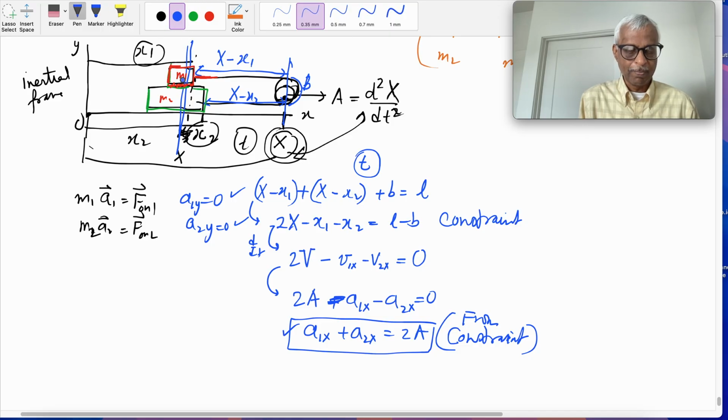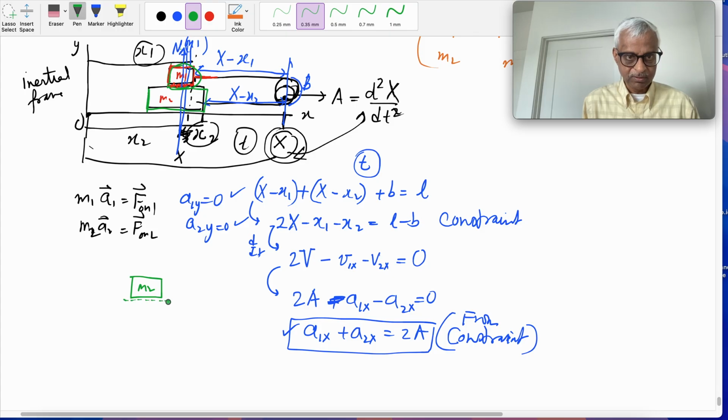Because it's pushing down, there will be a normal on one that will be up, and there will be force on number two. Let's look at this first, in isolation.